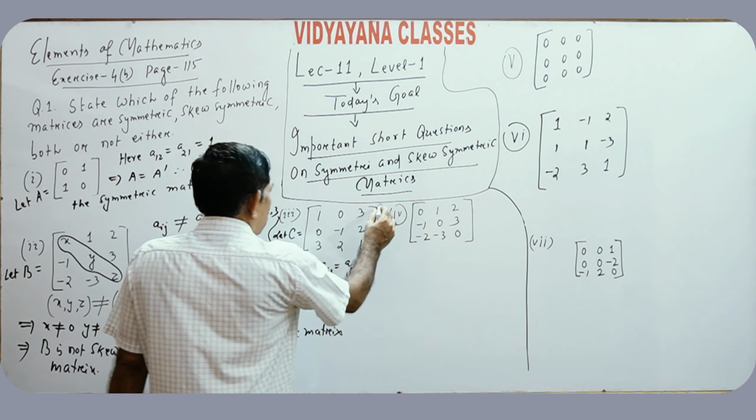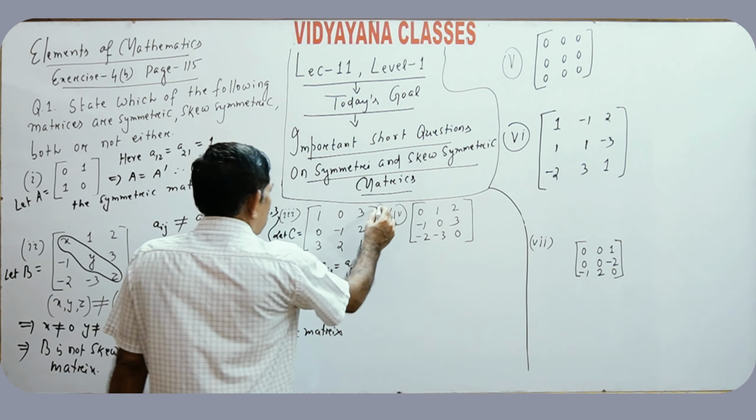Fourth bit, let the given matrix be D. Here Aij is equal to negative of Aji for i, j varies from 1 to 3.